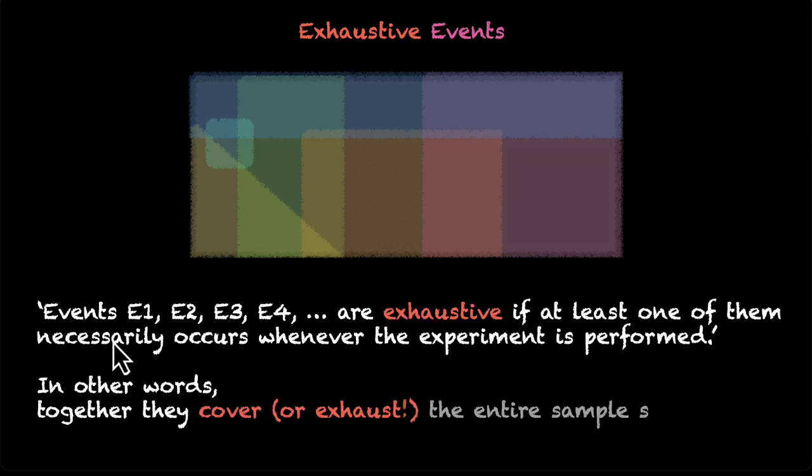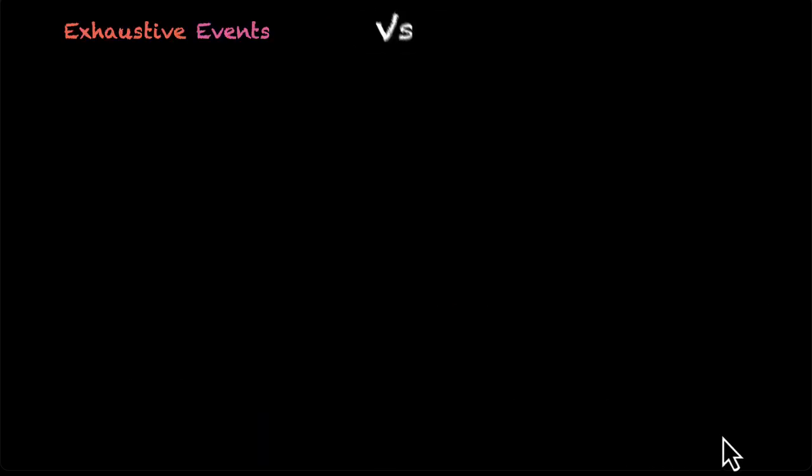And this is what you'll see in your textbooks. These events E1, E2, E3, E4 and so on are exhaustive if at least one of them necessarily occurs whenever the experiment is performed. In other words, together they cover or exhaust the entire sample space. So that's the definition of exhaustive events.